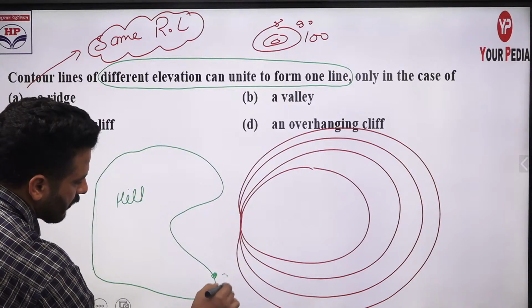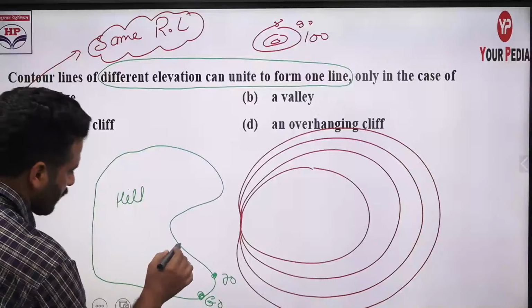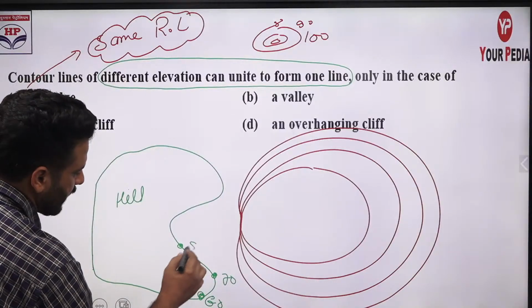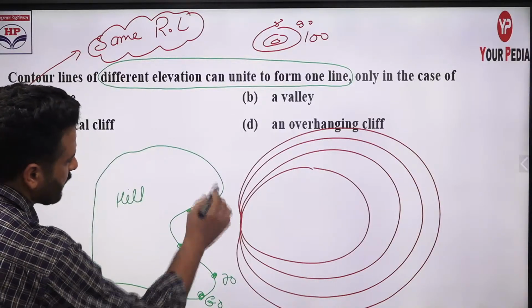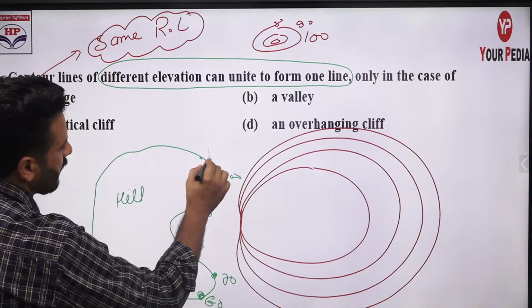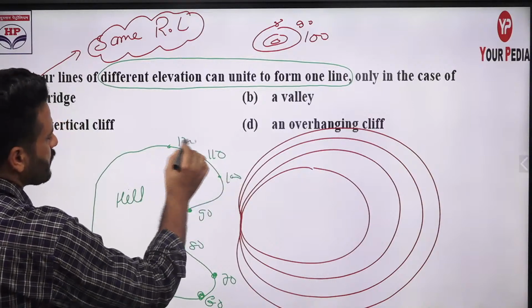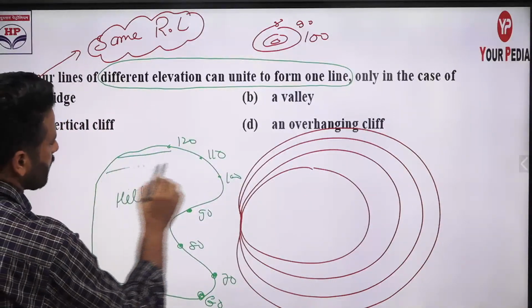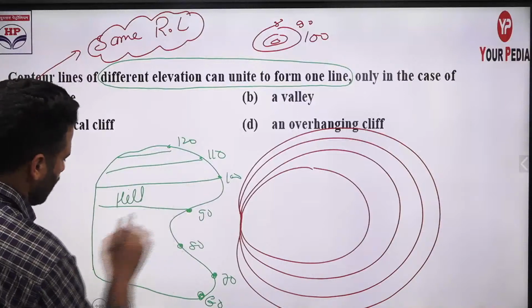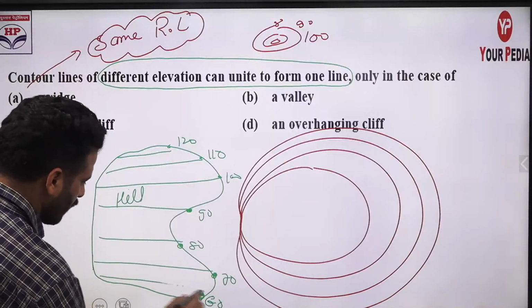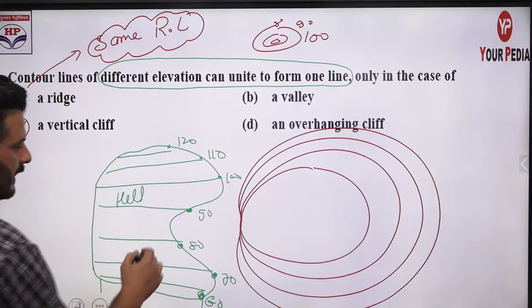Here you will get an RL of 70. As you go to higher elevation, let the RL be 80, 90, 100, 110, 120. When you project these RLs on the horizontal plane, you will find a figure like this one.